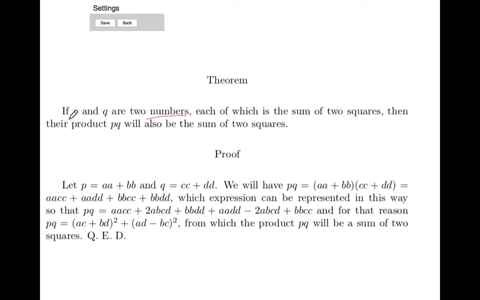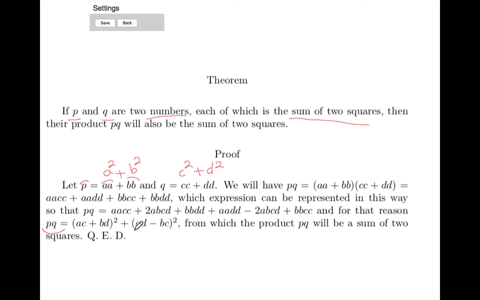If you have two numbers that are both a sum of two squares, so for instance p is a squared plus b squared, taken from a paper by Euler, and they are not written as exponents, and q is another number, a sum of two squares. These are just two numbers. p could be a square or could be non-square. Then we can write, in fact, the product pq as a sum of two squares.